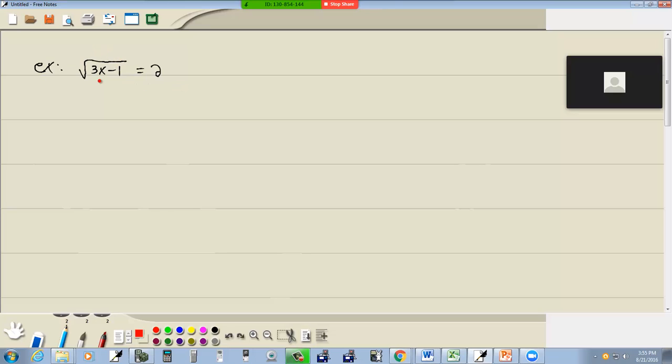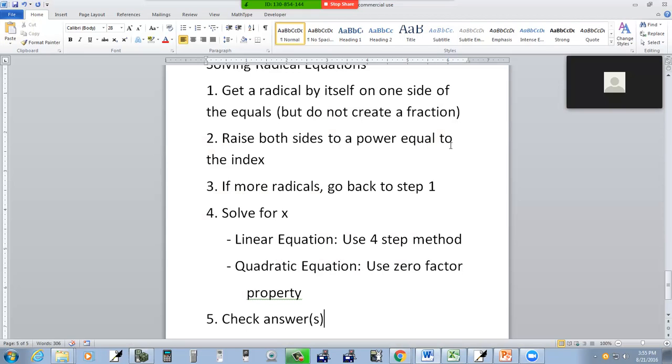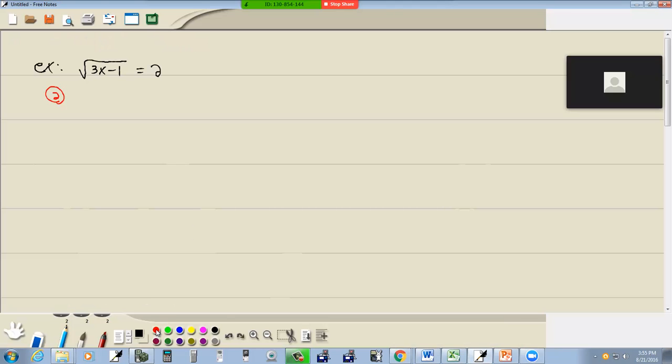Well, this radical is by itself on the left side. There's nothing in front of it, there's nothing after it, we just got square root of something. Step 2, raise both sides to a power equal to the index. Now your index, remember, is whatever number is in this slot right here. And if there is no number there, then it's by default 2.